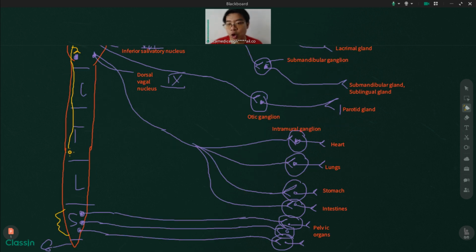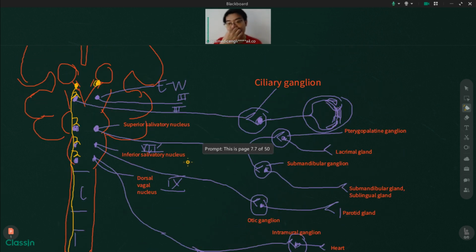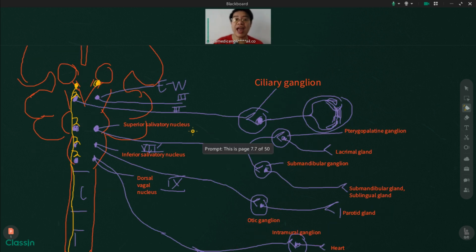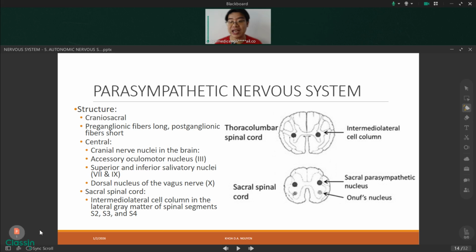And after that, it goes down to S1, S2, S3, and S4, and it's going to innervate S2, S3, and S4. And so because of that, the central nervous system, especially the diencephalon, is also going to have input to the parasympathetic nervous system as well. Remember, these two systems cannot work without central innervation. Okay, a very, very important point that a lot of people forget.